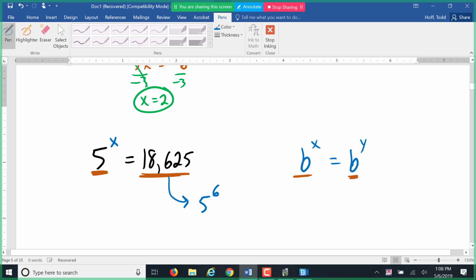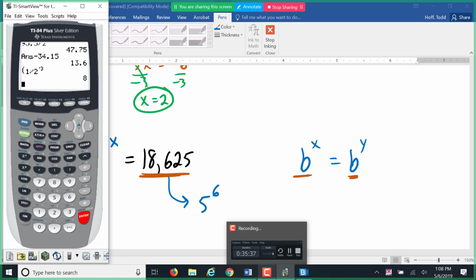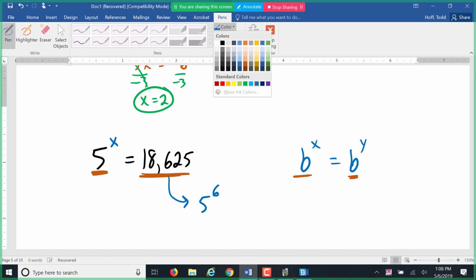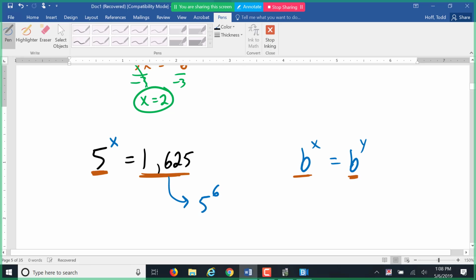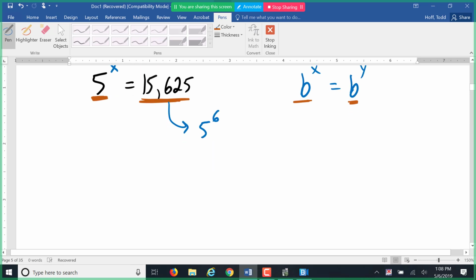Well, I kind of gave it away earlier. It's 5 to the power of 6. If you have to, you just try it in your calculator. 5 to the power of 6, 15,625. I did that wrong. I want to make that work out for us. Put 15,625 in there. So that's 5 to the power of 6. So that means we're going to rewrite this equation as 5 to the power of x equals 5 to the power of 6, which tells us simply that x equals 6.